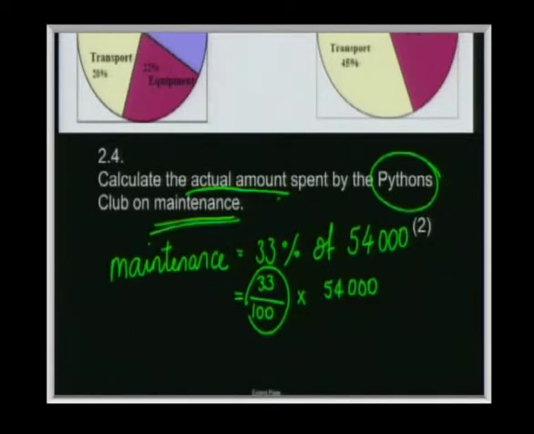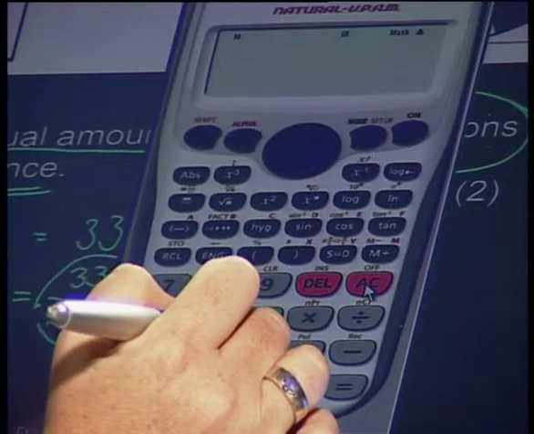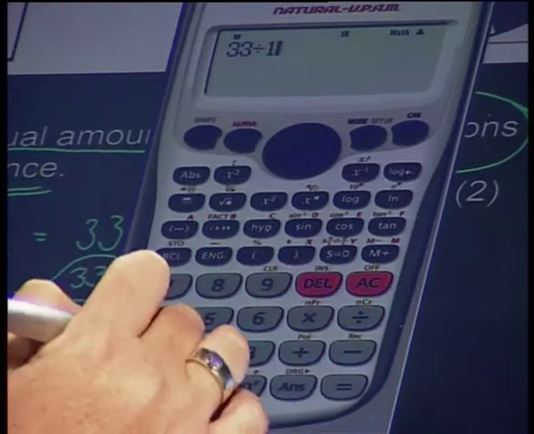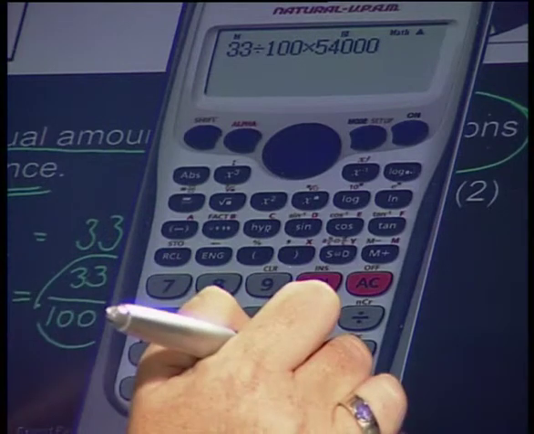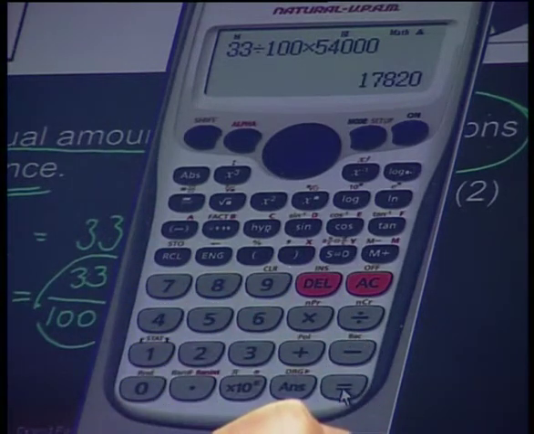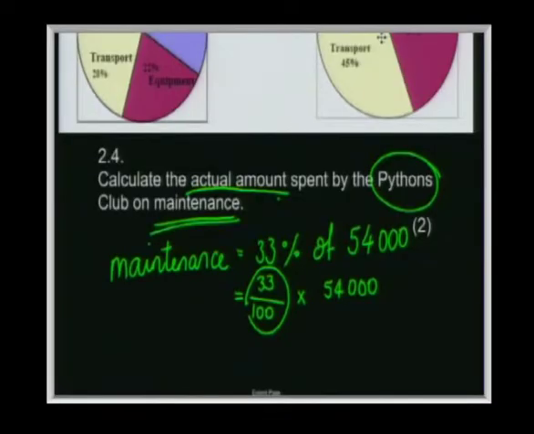So it'd be 33 divided by 100 and times by 54,000. So let's do that, which gives us 17,820 Rand. So that's the total amount they actually paid for the maintenance.